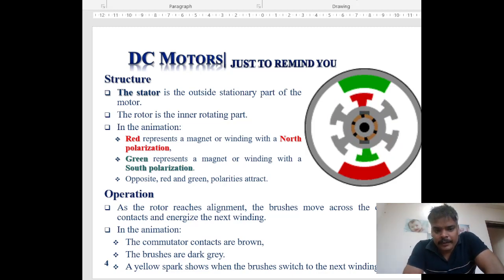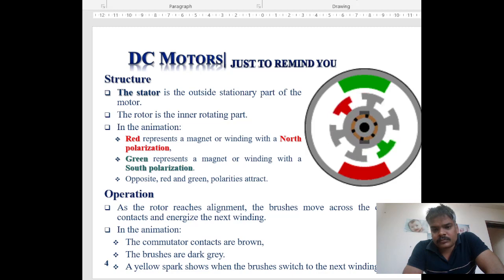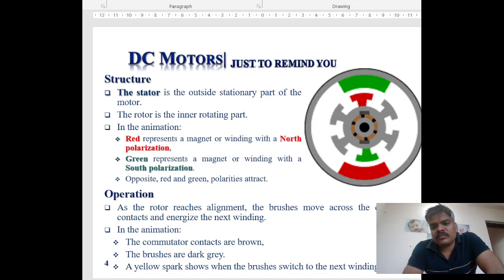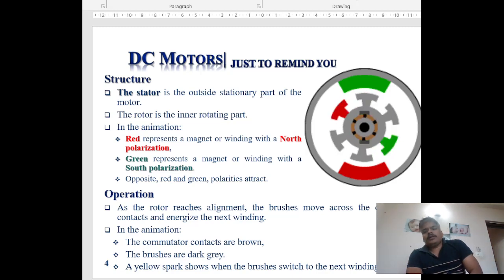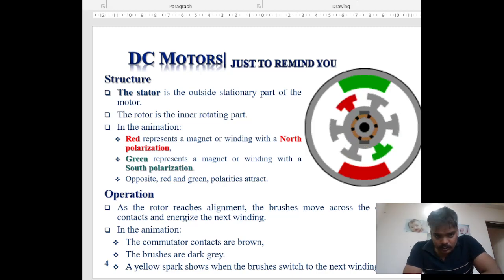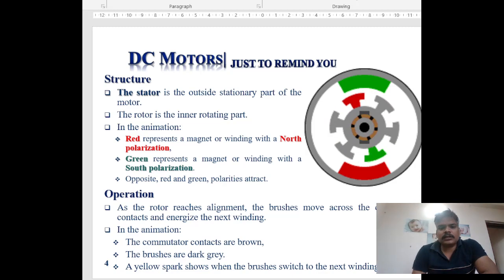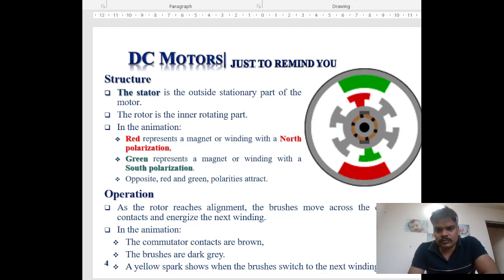In rotor what happens? It is the rotating part. So red winding is the north polarization and green winding is south polarization. So that's all about DC motor.